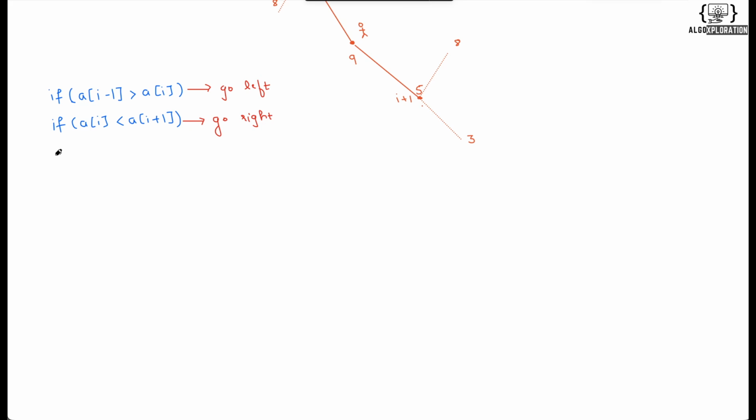If a of i minus 1 is lesser than a of i and a of i is greater than a of i plus 1, then simply return the index i.